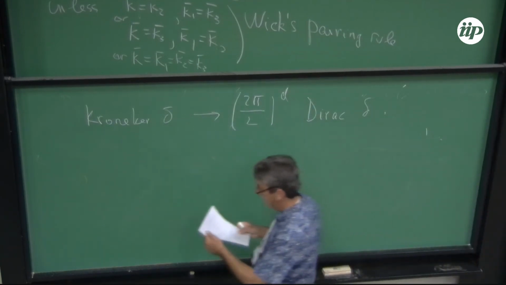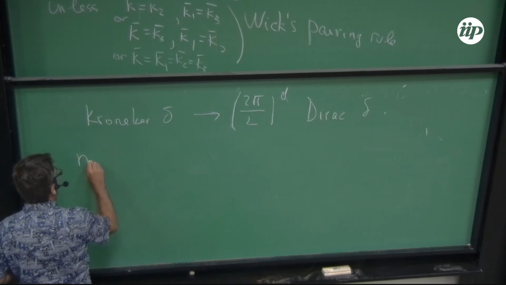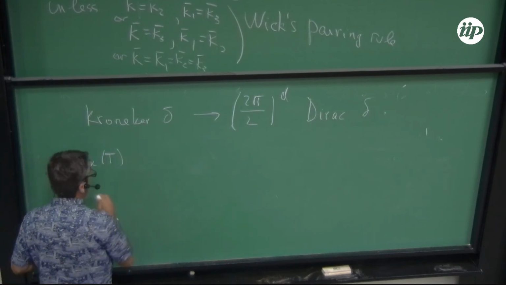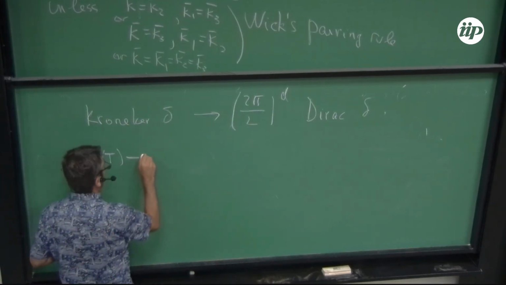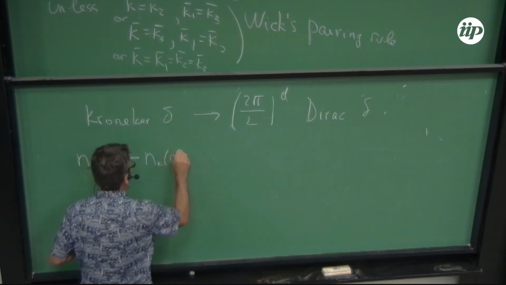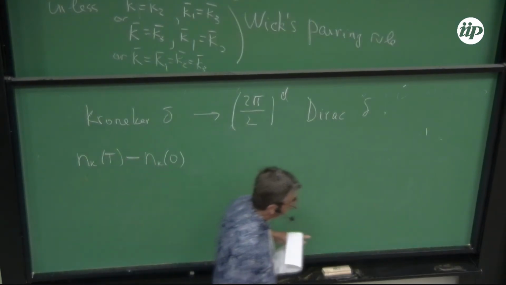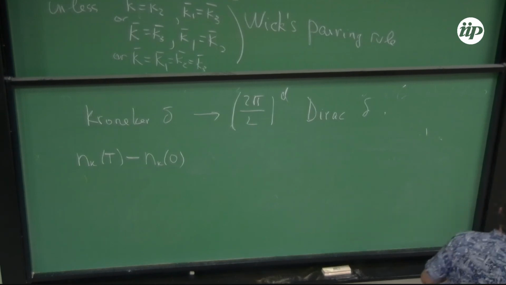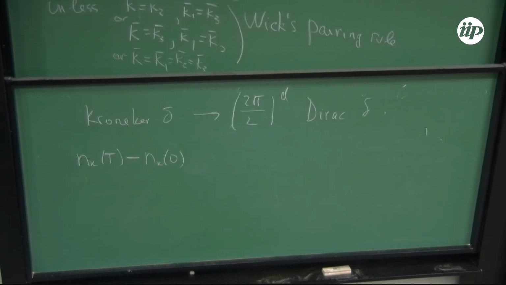Then you remember in n_k(t), the first term was n_k(0). And also you remember that on the right-hand side I have t, so I divide by t.